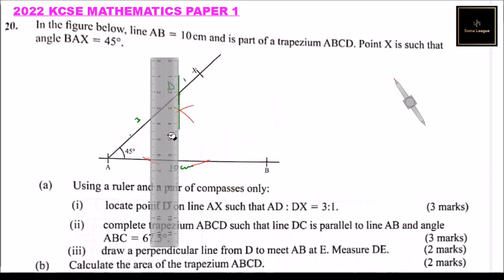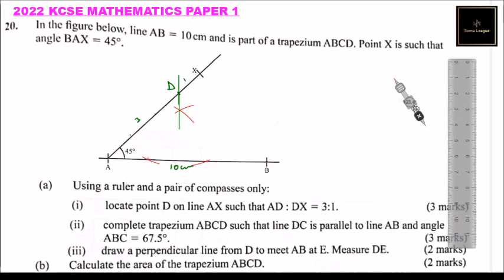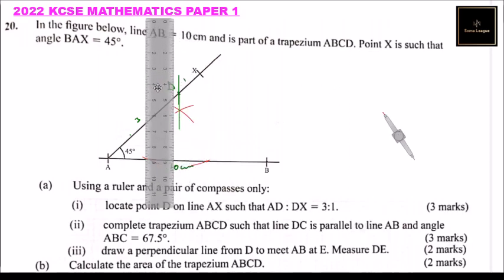So using this point now, we can draw a line that will be perpendicular to our A. So we come and place, we can make this line a bit bigger so that we can use our compass comfortably. So let's do it properly.